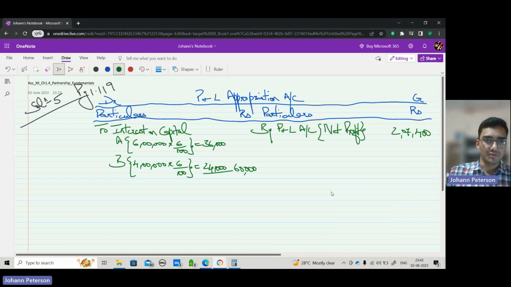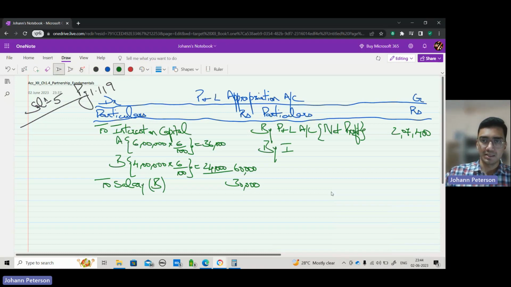Next, we are going to give a salary. So to salary, who is this going to be given to? B. The salary is 2,500 per month, which makes it 30,000 per year. After this, we have been told something about the interest on drawings.